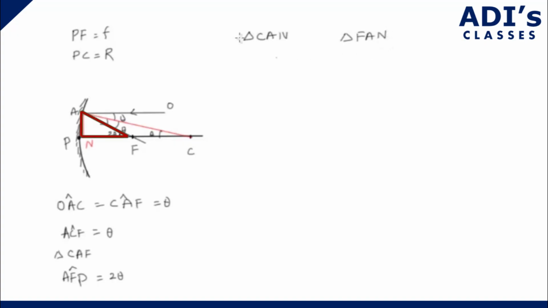In triangle CAN, if you take tan of the angle theta, you have AN divided by NC, and if you take tan 2 theta, you will have AN divided by NF.